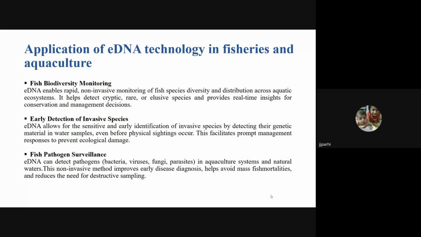So if you want to use eDNA technology, I have noted some applications, like fish biodiversity monitoring. eDNA will tell you the number of fish species, the diversity, and how they are distributed across the aquatic ecosystem. It helps to find cryptic, rare species and provides a real-time position of the number of species available.